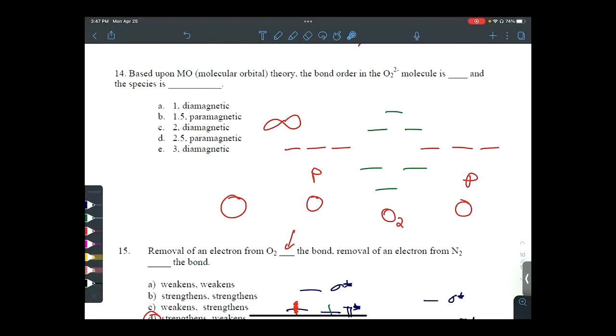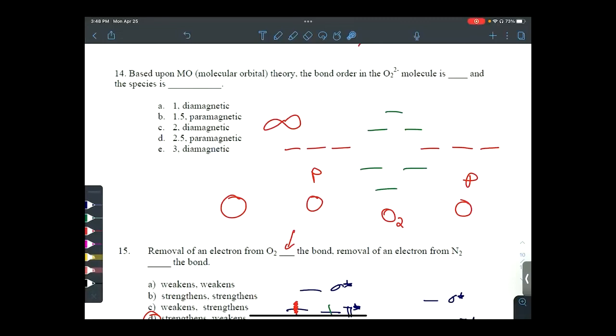Bonding is how we interpret it as chemists, but how the waves are actually adding together mathematically is constructive interference. So that's your sigma orbital, and then the one up here, that's higher in energy, that's your sigma star. That is destructive interference, where the waves cancel each other out. So it's less stabilizing.